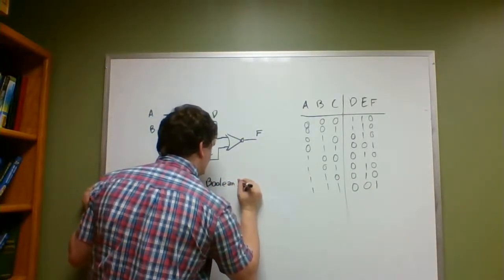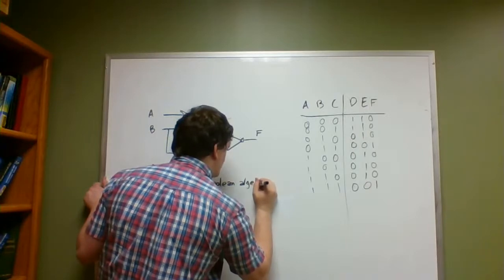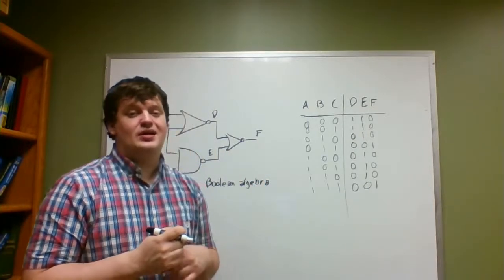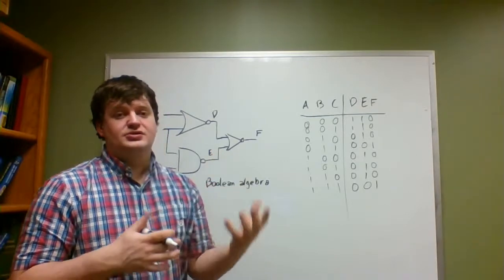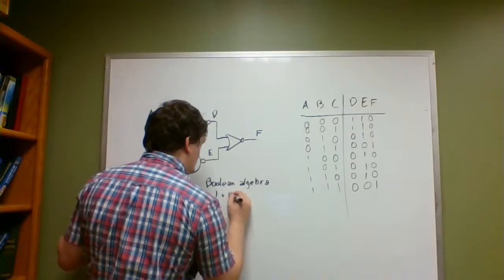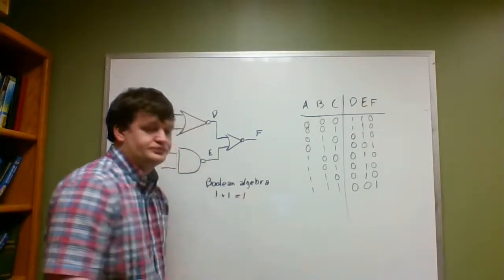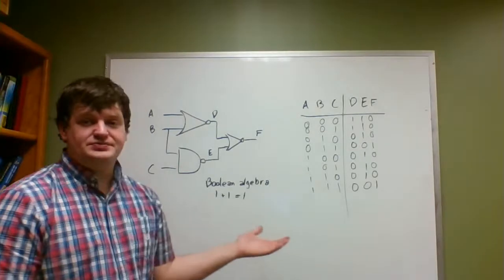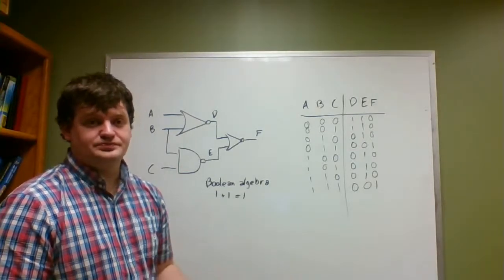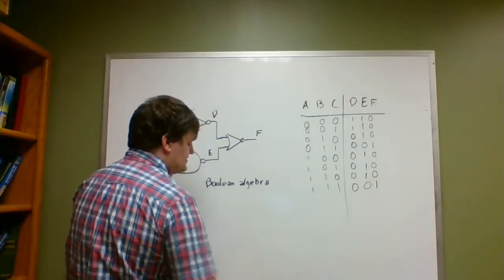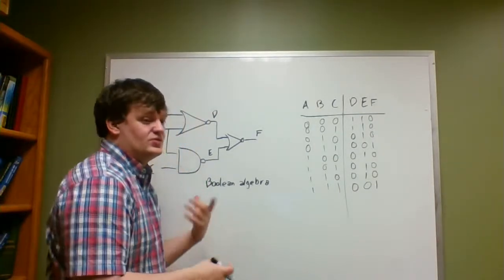Boolean algebra. Well, these are logical functions that allow you to do math. Imagine if 1 plus 1 equals 1. That's Boolean algebra. If a 1 is present, you get a 1 as a result. Except these aren't ones and zeros as we understand them.